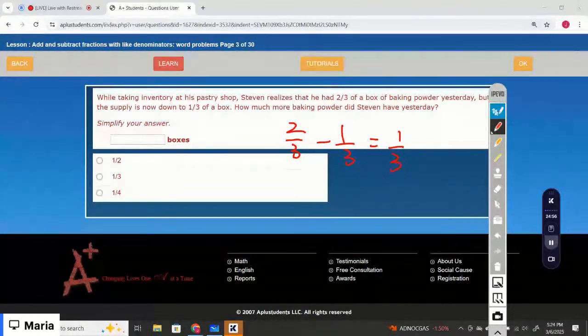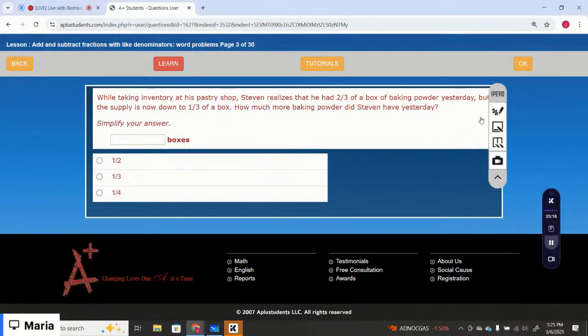That equals 1 over 3. Option number 2 is the correct option.